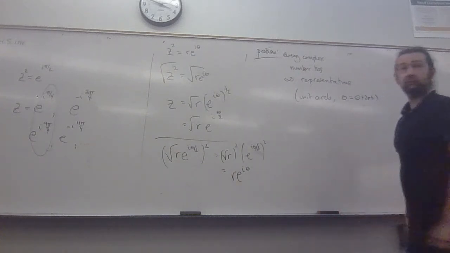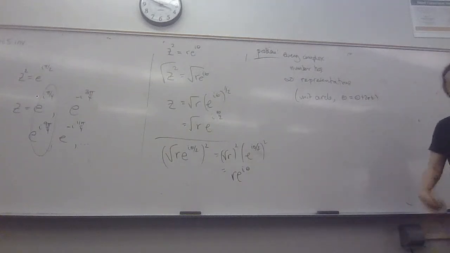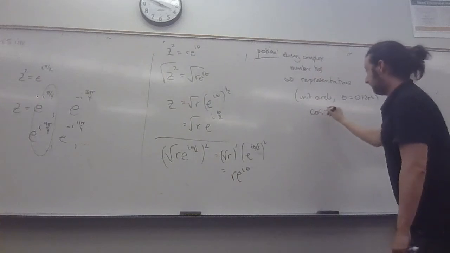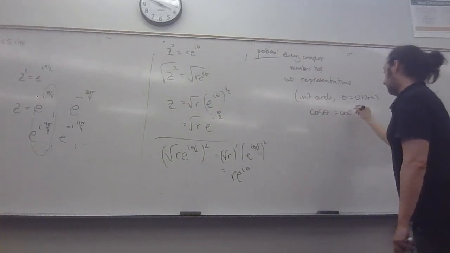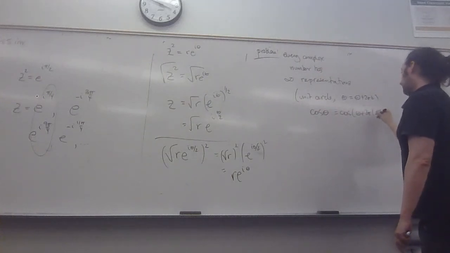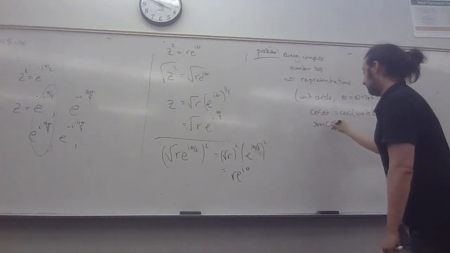The unit circle points repeat their representation. Cosine of theta is equal to the cosine of theta plus 2 pi k, and so is sine. There's periodicity we need to deal with.